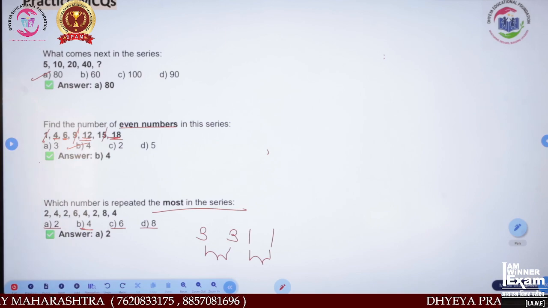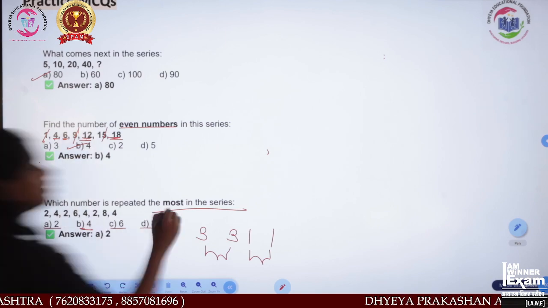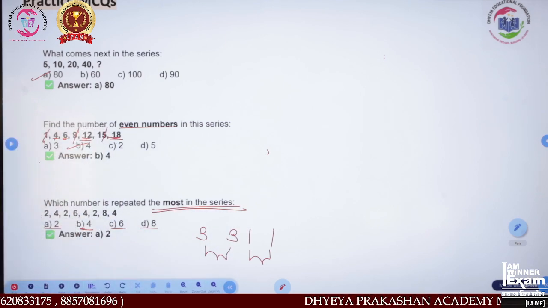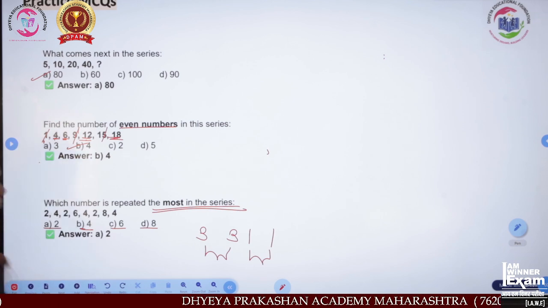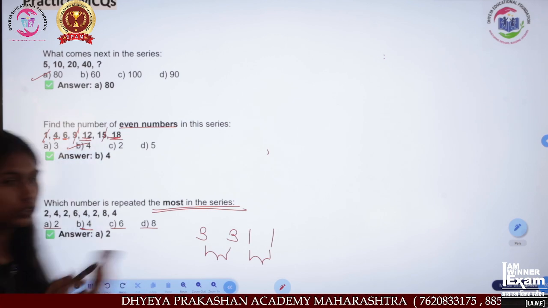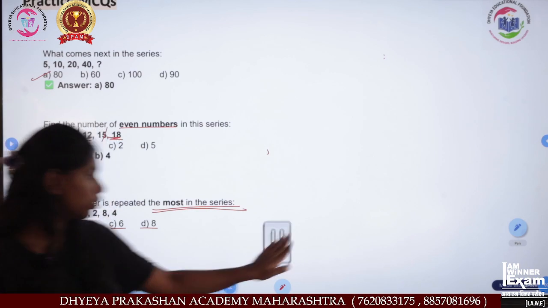What they asked is which number is repeated most in the series. That is, there is no most repeated number.